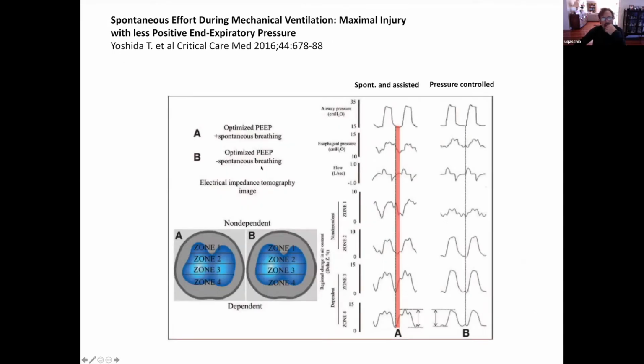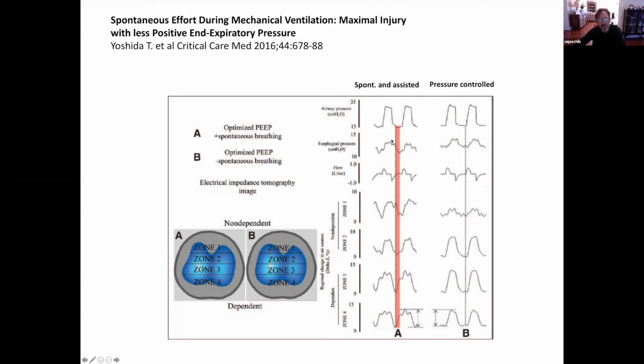If you take that even further and you optimize PEEP, there's in this study quite extensive description of how they optimize PEEP, and you optimize PEEP with spontaneous breathing or without spontaneous breathing. We see as well, let's say first again, if you don't optimize PEEP, you don't get much benefit even in pressure-controlled ventilation.